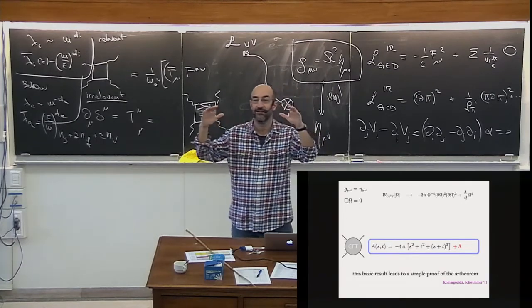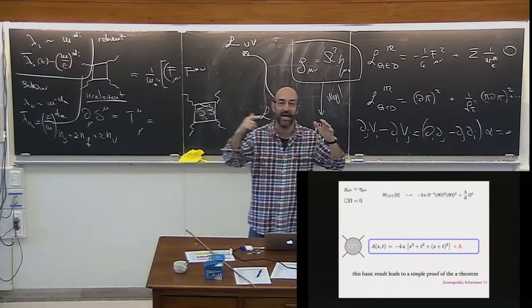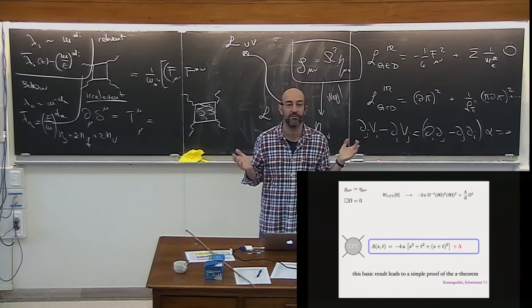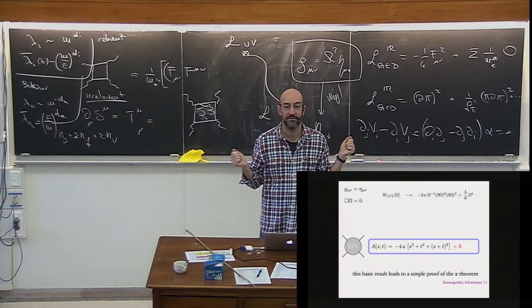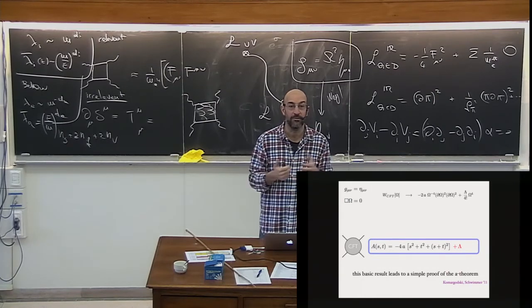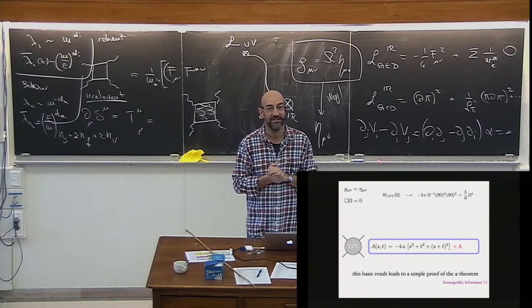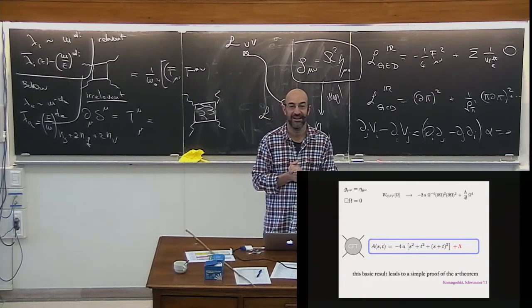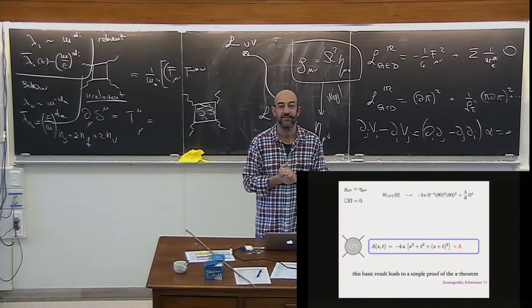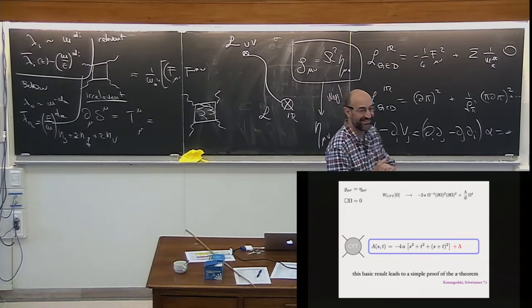You can ask yourself, what is the speed of light at very, very large frequencies? What is the speed of light at very large frequencies in a medium? Does anyone know? The same as c, which is 1. Okay, it's 1.